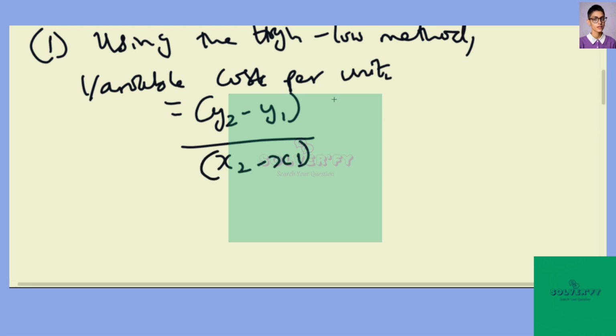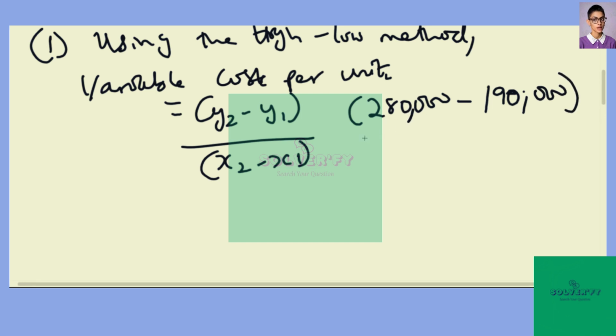So y2 is the total cost at the highest level of activity. From the table, we can see that it's 280,000, and y1 is the total cost at the lowest level of activity, and from the table we can see that it's 190,000.